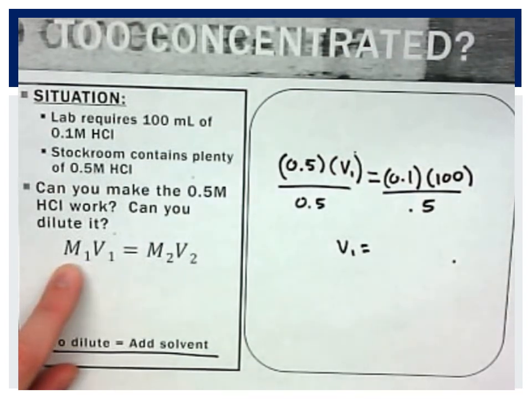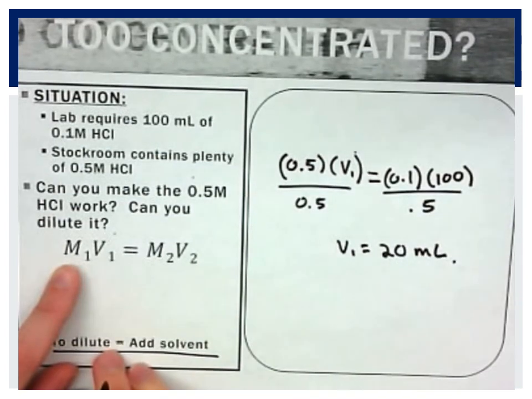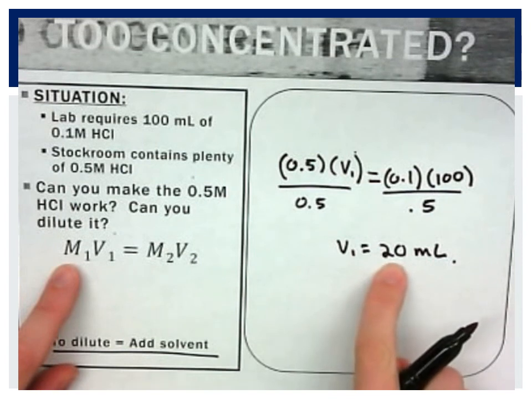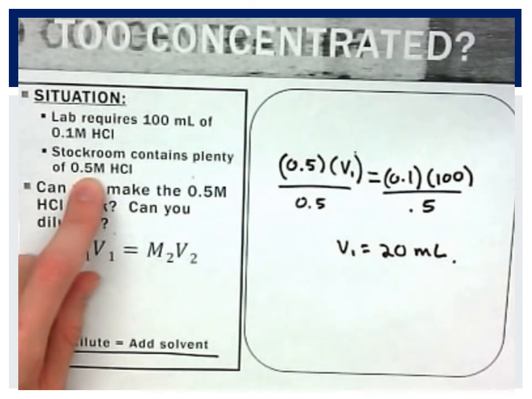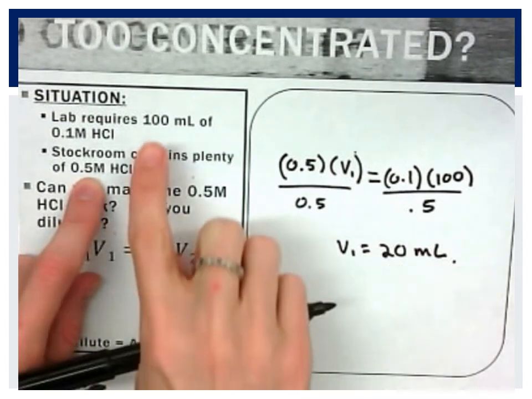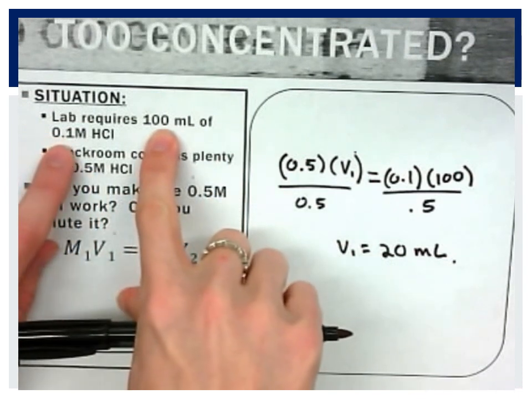V1 equals 0.1 times 100 divided by 0.5. I get 20 milliliters. So to make this solution, I would take 20 milliliters of my 0.5 molar hydrochloric acid and dilute it to end up with 100 milliliters total of 0.1 molar.